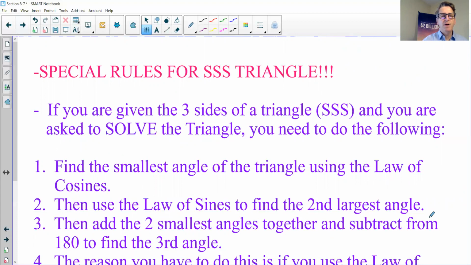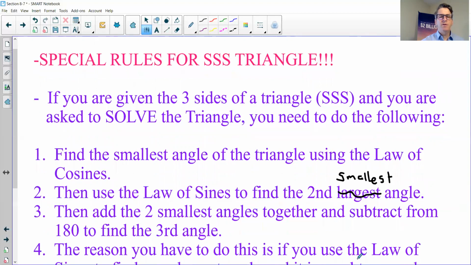Step 2, then use the law of sines to find the second smallest angle. That should say second smallest, it's a typo. Step 3, then add the 2 smallest angles together and subtract from 180 to find the third angle.